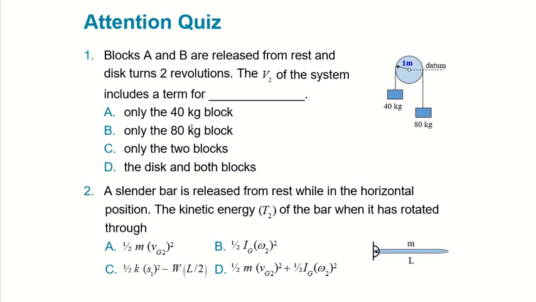You're dealing with only the 2 blocks, and they are connected to each other. So the potential energy for state 2 has to include both of them, therefore C. The disk is just creating the motion, it's not included. So we take care of only the 2 blocks, because we're dealing with the potential energy of the system, where the movement is changed.